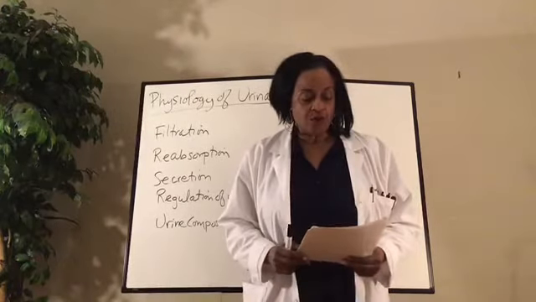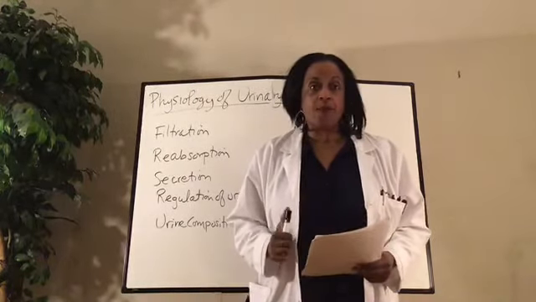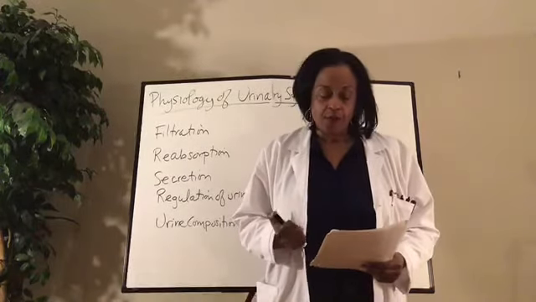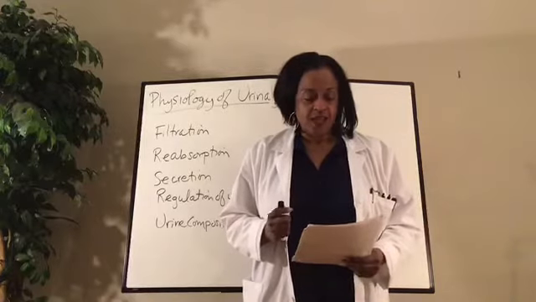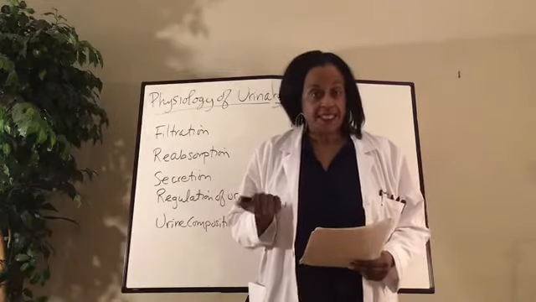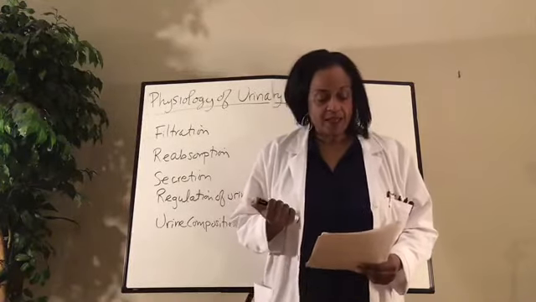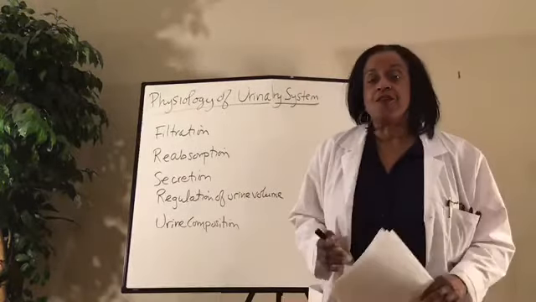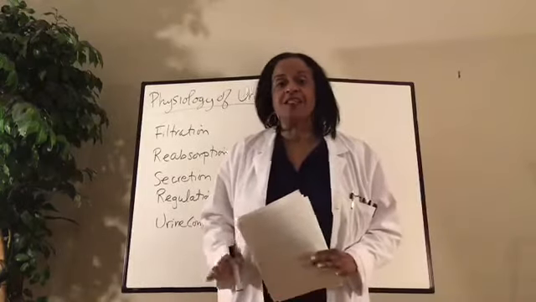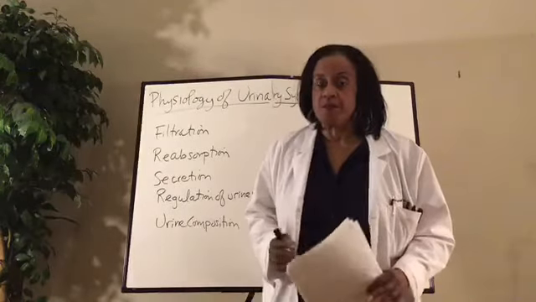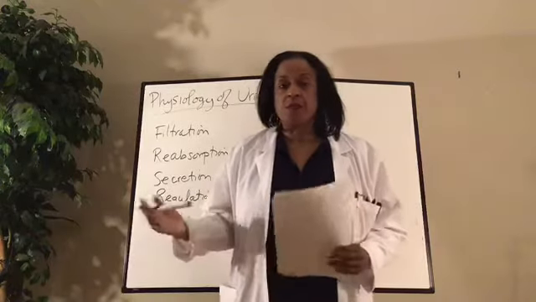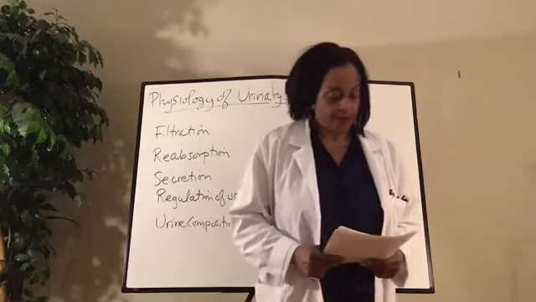Kidneys also influence the rate of secretion of the hormones ADH, which is antidiuretic hormone, and aldosterone, and they synthesize vitamin D, erythropoietin, and certain prostaglandins. So I need you to know that the kidneys are involved in more than just fluid balance. They're also involved in making vitamin D, prostaglandins, and some blood products, erythropoietin, right?